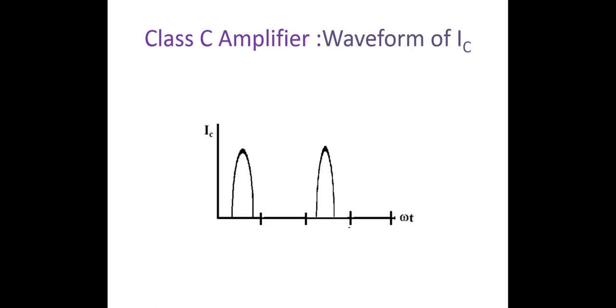Now we can plot IC. So IC will be simply beta times IB, as long as the transistor is not in the saturation mode.